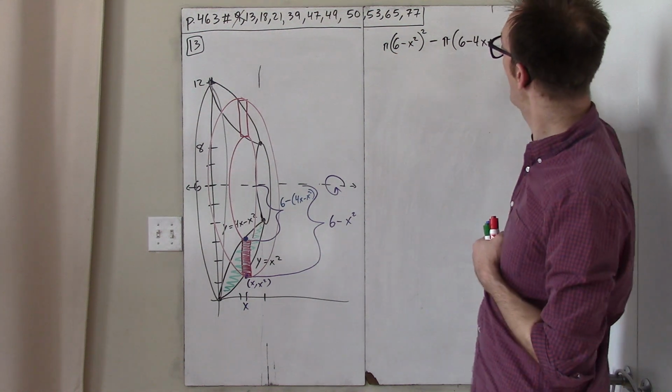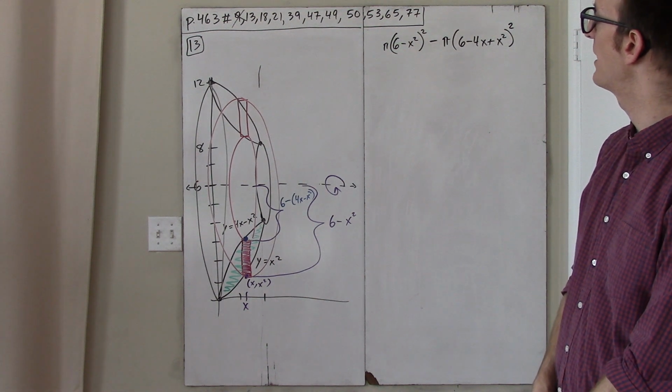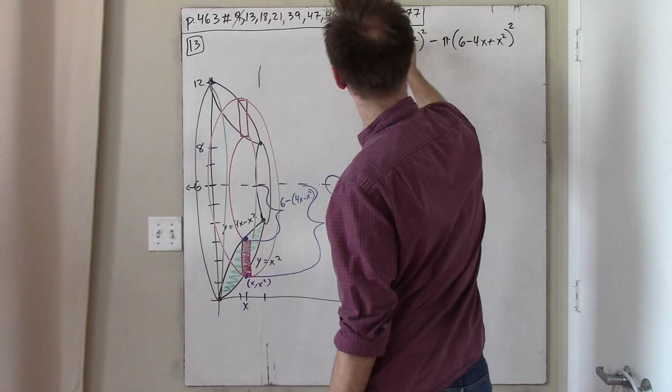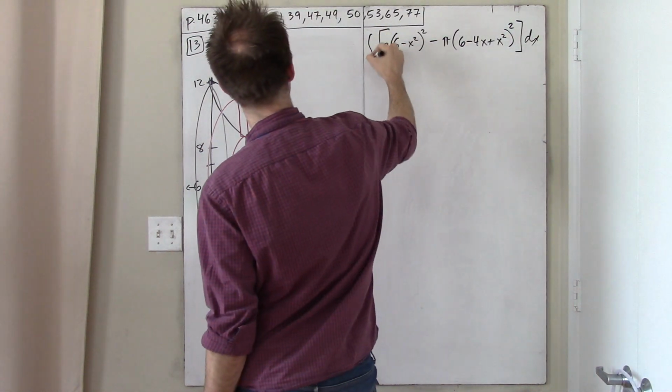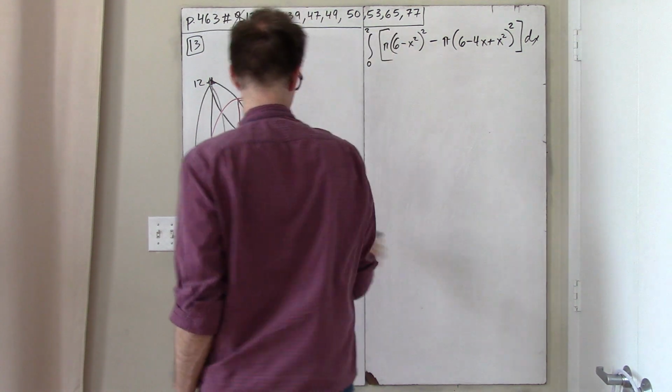So everything on the board now represents the area of a circle minus a circle, so the area of that red shape. And then I multiply it by dx, that gives me the volume of one slice, and then I integrate along the x-axis from 0 to 2.